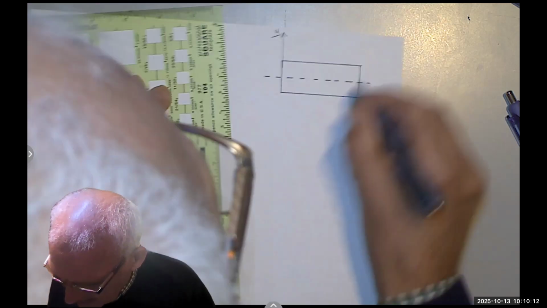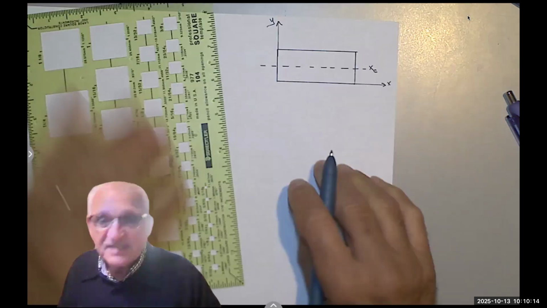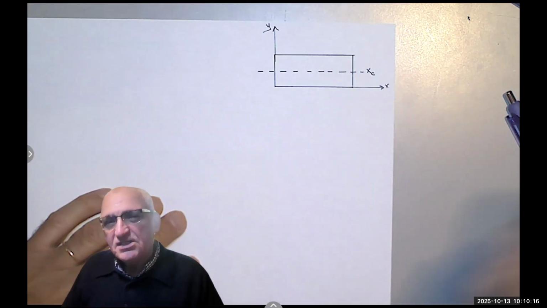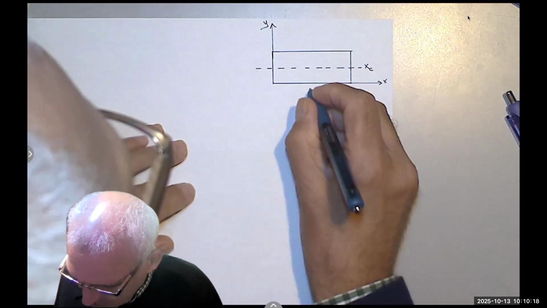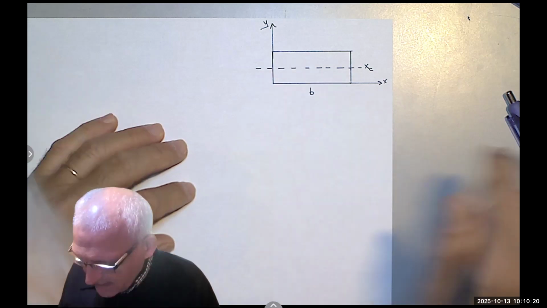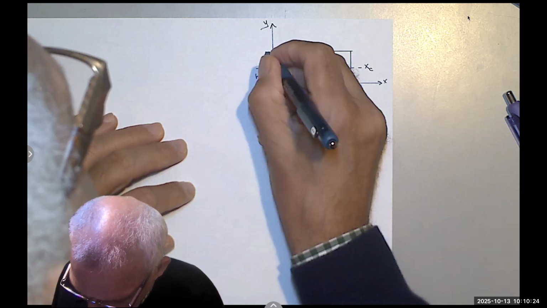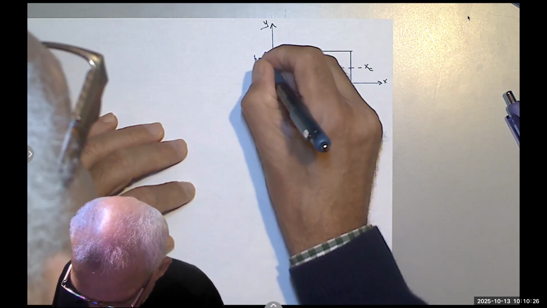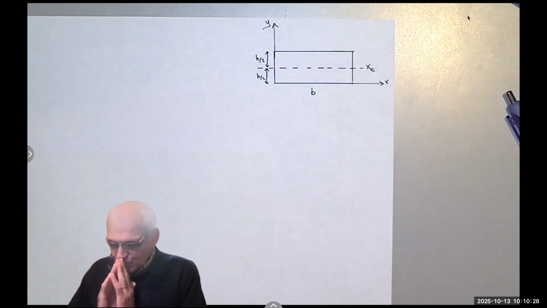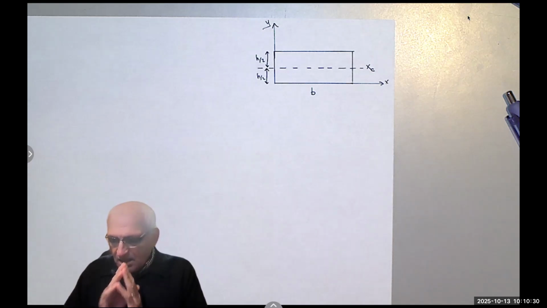And this is the x sub c, or the centroid, which is at a height of h over 2. So you can say this is h over 2, and this is h over 2.